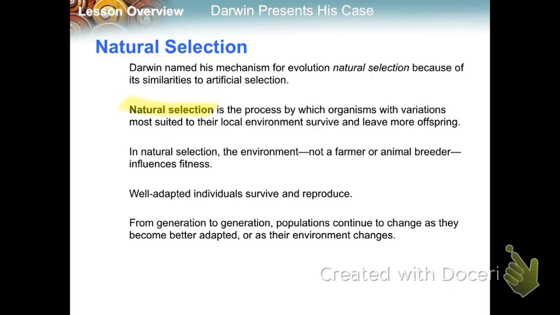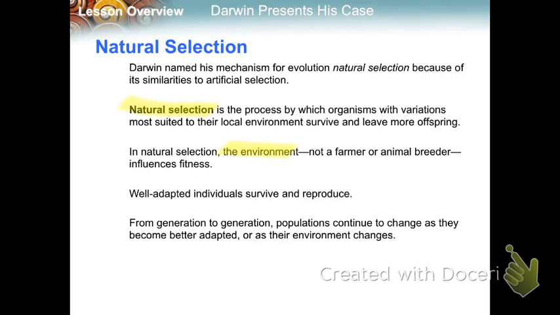I showed you the picture of those crazy pigeons. And all of those different things are artificial selection that we humans do to make animals, plants better. Natural selection is what he observed out in nature. So the environment is influencing fitness, not a farmer or an animal breeder.